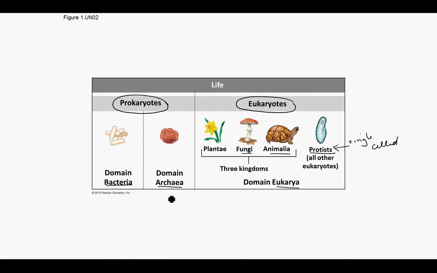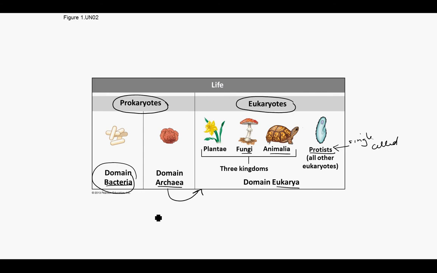And archaea are different from bacteria in that their internal functions are very similar to eukaryotes. They have RNA that's very similar to eukaryotic RNA. One of the main differences is that bacteria can be found pretty much just in our everyday lives. They're in the soil, they're on surfaces, they're in our gut, they're in animals, that sort of thing.